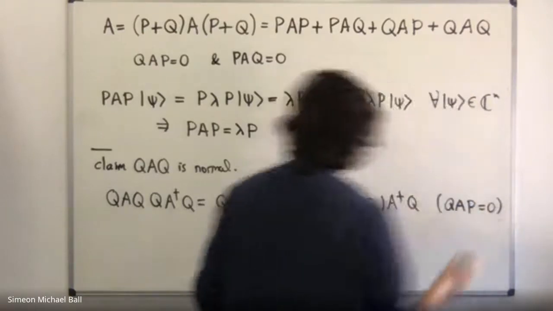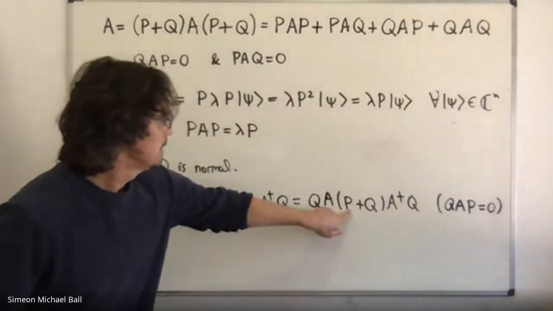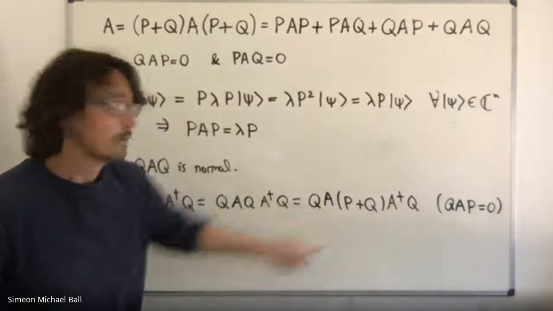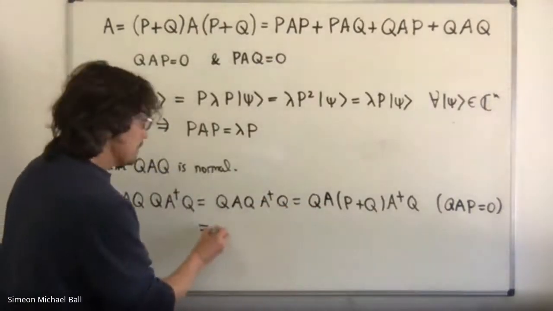Okay, so this bit here is just 0. But P plus Q is the identity, so now you see what's going to happen.